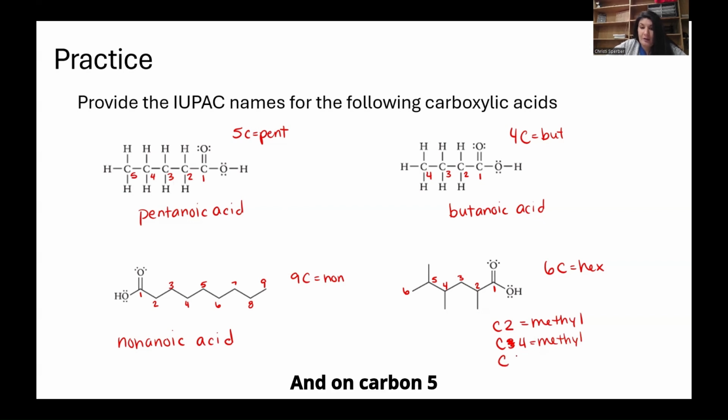And on carbon 5, we have a methyl. So we have 3 of these groups, which the prefix is going to be tri. So we have 2,4,5-trimethylhexanoic acid.